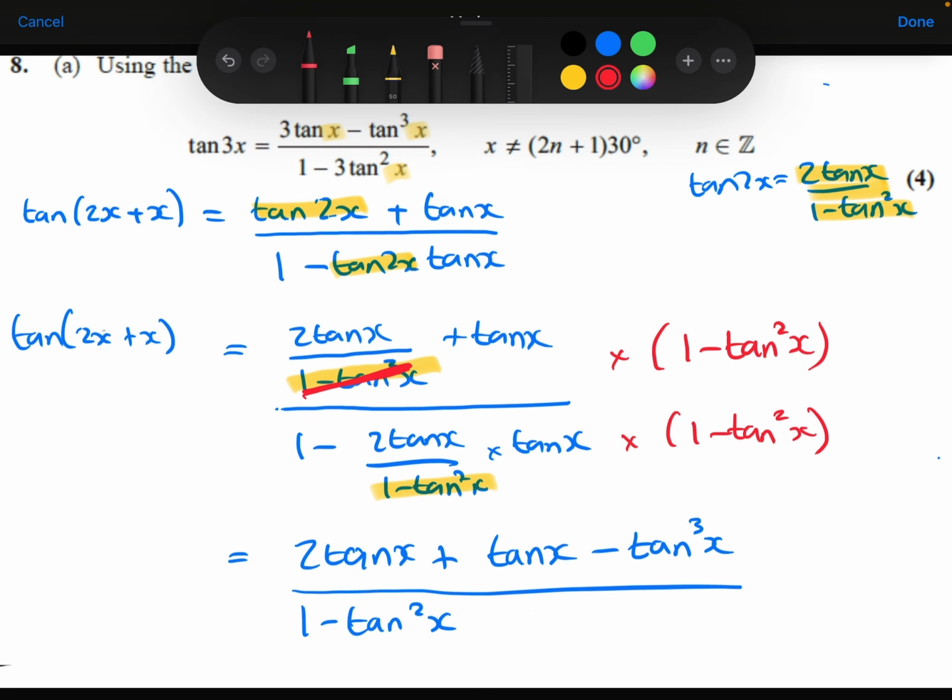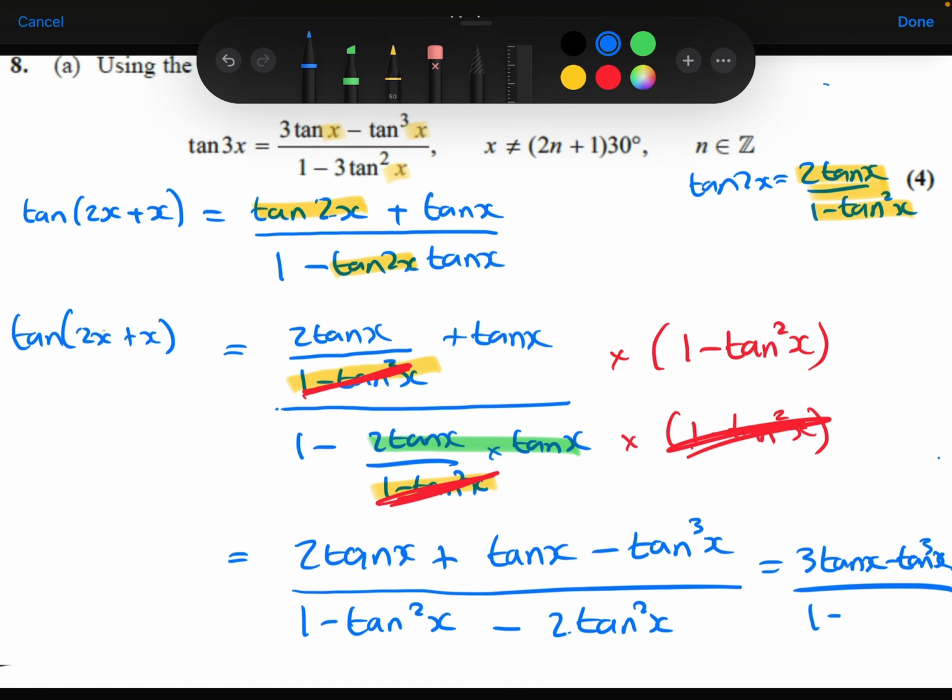And then this will be cancelled with this to just leave this 2 tan x times tan x, so 2 tan squared x. If I now collect up these like terms, I get (3 tan x minus tan cubed x) over (1 minus 3 tan squared x), which was what we needed to show.